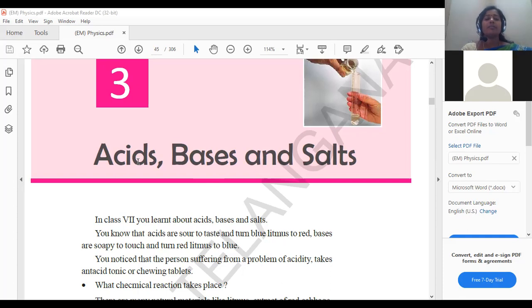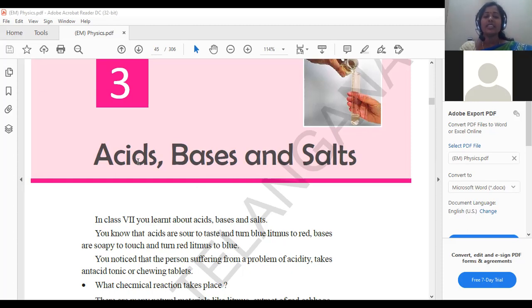So many scientists have given different definitions for acids, bases, and salts. There are Arrhenius acids, Lewis acids, and Bronsted acids and bases, right? So three different kinds of definitions are given. In the preliminary stage, we are first thinking about Arrhenius acids only.